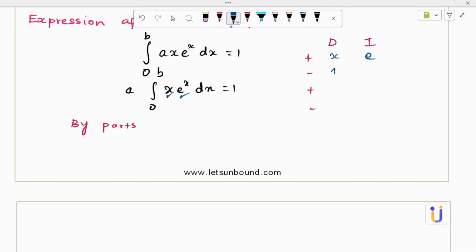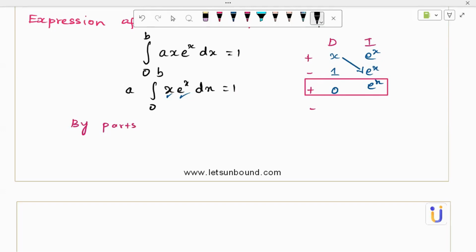So when you differentiate x, you get 1, and again you differentiate, 0. And e power x, whether you integrate or differentiate, will be the same. So when you get a 0, you stop, right? I got a 0, so I will stop here. And your answer is the diagonal part, only one, okay, one diagonal, and here two diagonals we have.